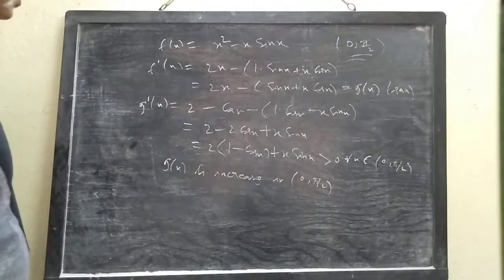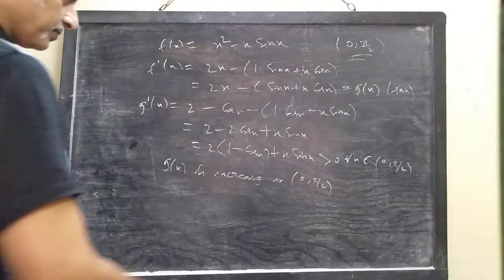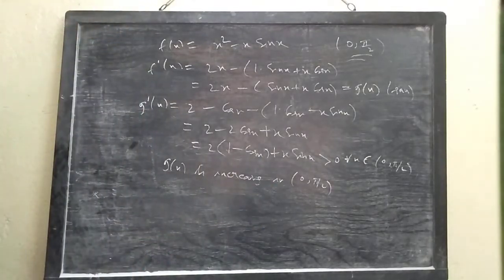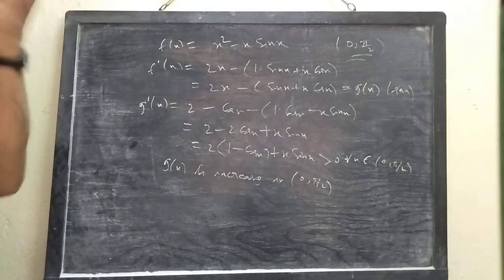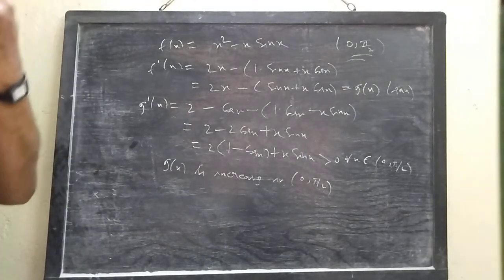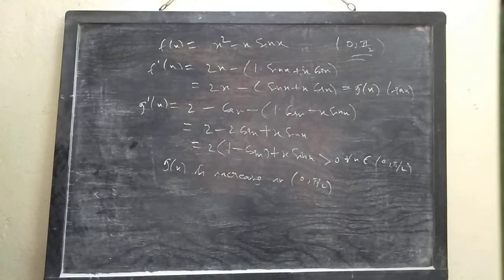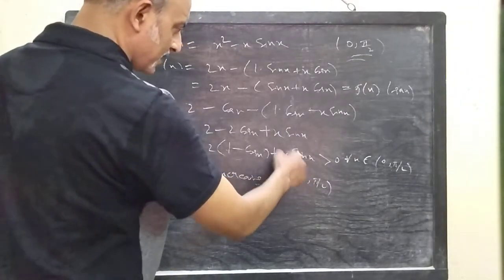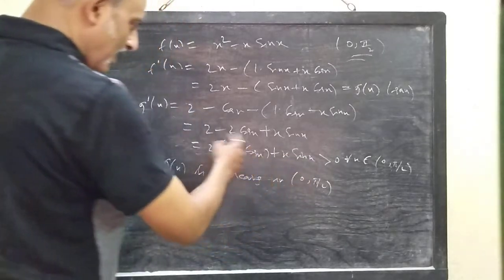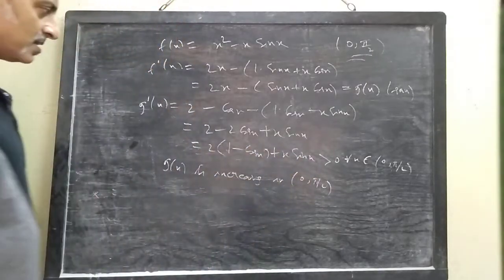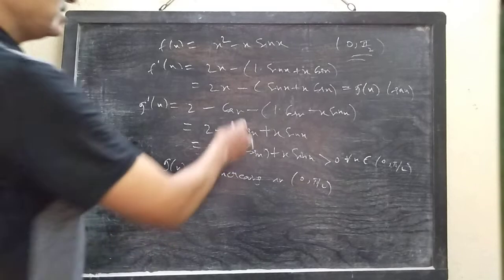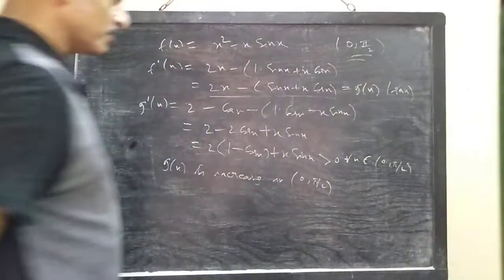Next, we know trigonometric functions sin x and cos x are continuous everywhere, and we know polynomial function x is also continuous. So the product of polynomial function and trigonometric function sin x is continuous, and the total thing g x is continuous.